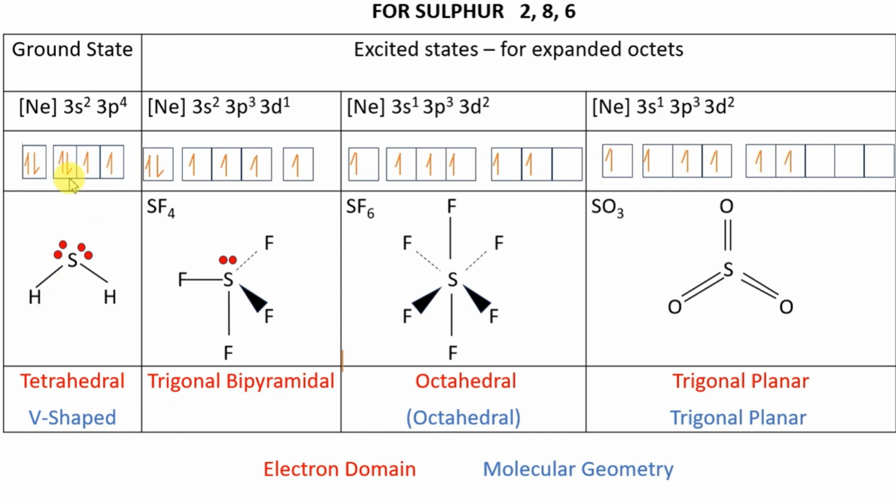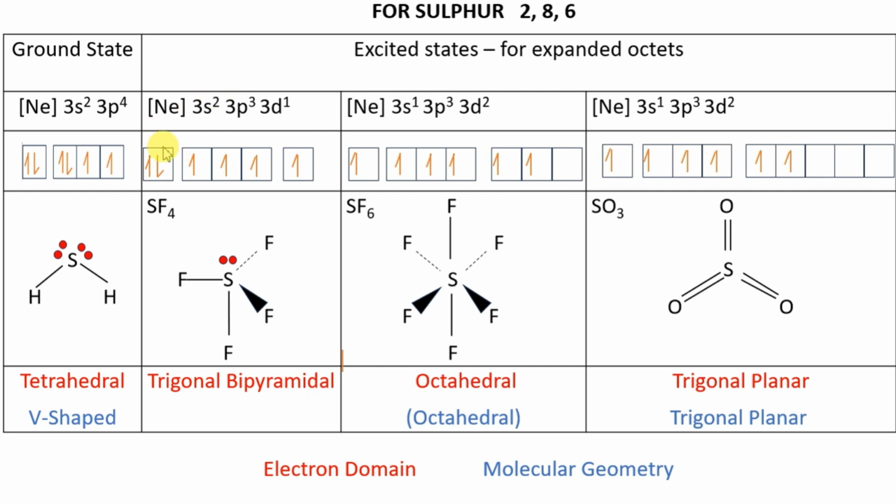If one of those pairs of electrons has an electron excited into a vacant d orbital, I can now make 4 covalent bonds, as we have with SF4. Trigonal bipyramidal in terms of its electron domain geometry. I won't go into the actual molecular geometry, we don't need to here.